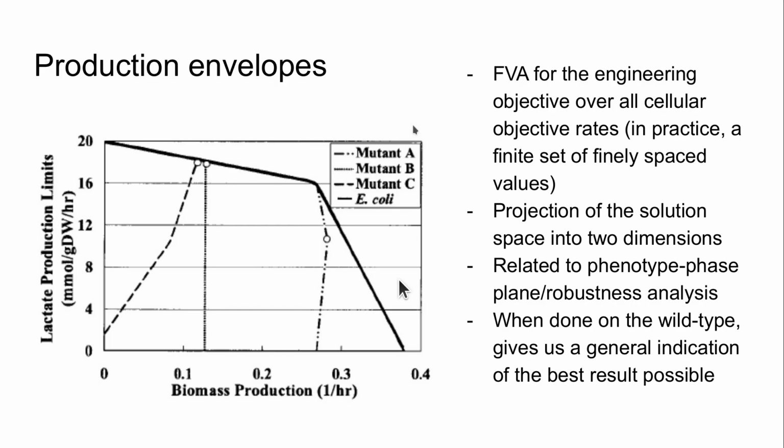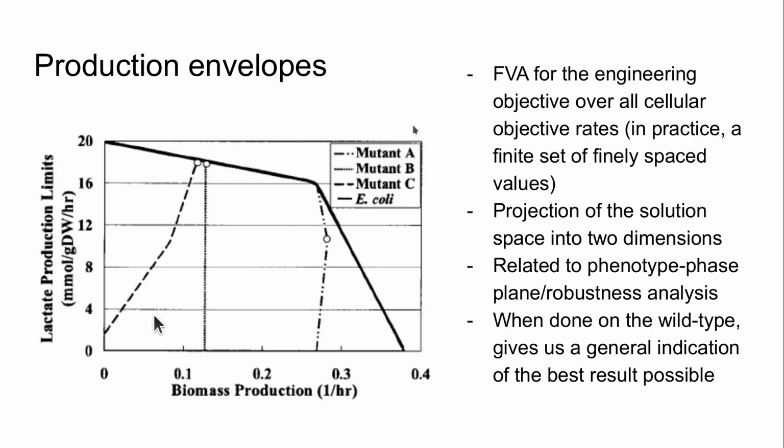And that is essentially what we did last time with this simple naive approach, where we just brute forced our way through. We did that FVA for the engineering objective with the cellular objective bounded to its optimal value. But we can also do it for all possible values of the cellular objective, and that will give us a more detailed overview of what our possible fluxes are.